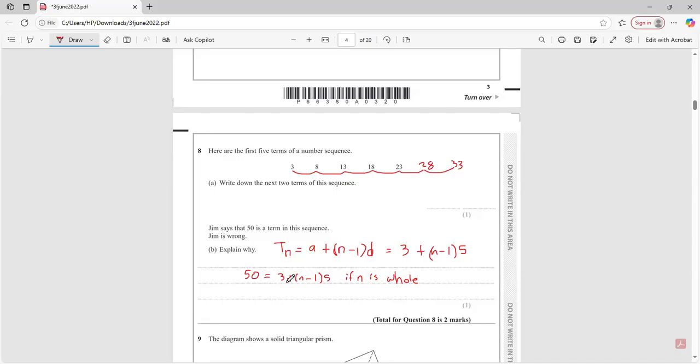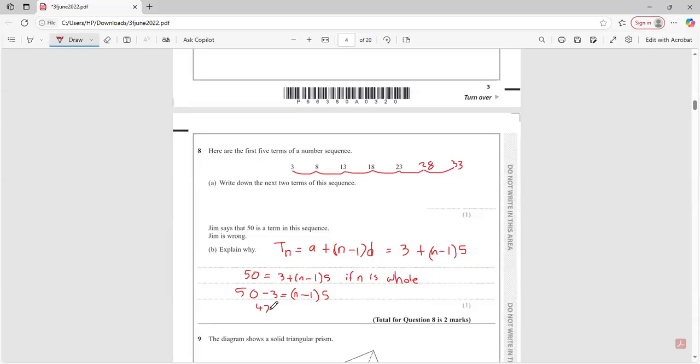First things first, let's take 3 to the other side. That's going to be 50 minus 3 equals (n minus 1) times 5. Remember, the relationship between 5 and that bracket is multiplication, so we can't take 5 to the other side just yet. 50 minus 3 is 47.